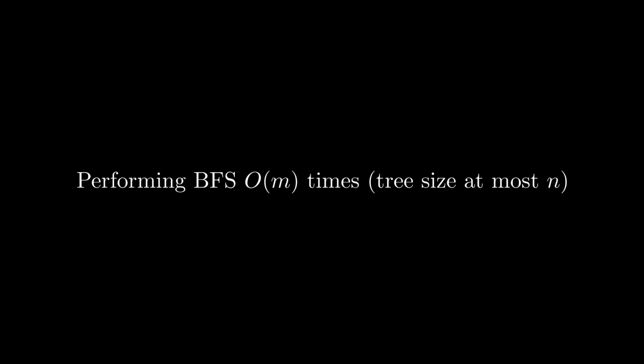Since this saturates at least one edge of E, we have to perform O of m BFS runs in the worst case. Furthermore, since each BFS tree has a maximum size of n, the overall complexity is O of n m squared. Hence, using this method, we can efficiently calculate max flow when f is omega of mn and when the capacities are any positive real numbers.